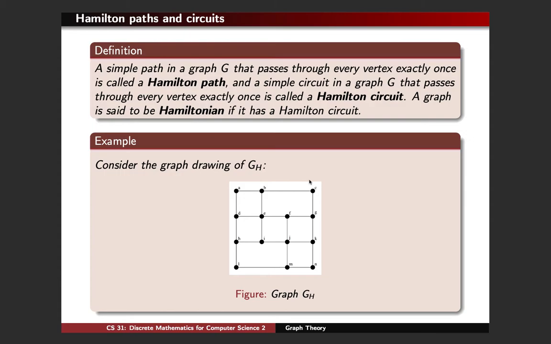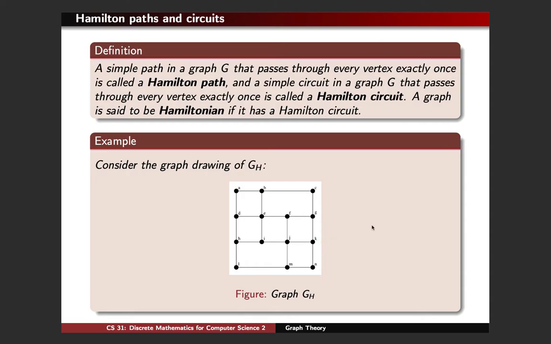Question: itong graph na ito, Eulerian ba? Ang sagot ay hindi. Bakit? Kasi marami kang mga vertices na odd degree, no? So, si B, si D, si G, si K, and so on.